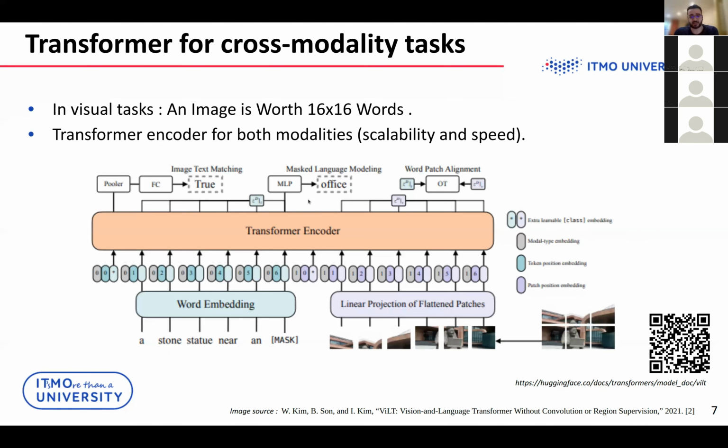And we also have word-patch alignment, which is basically trying to align each word in the textual modality with each slice of the image. Very interesting. But the most interesting part is that we have a generative task for the textual modality, but we don't have one for the visual modality.